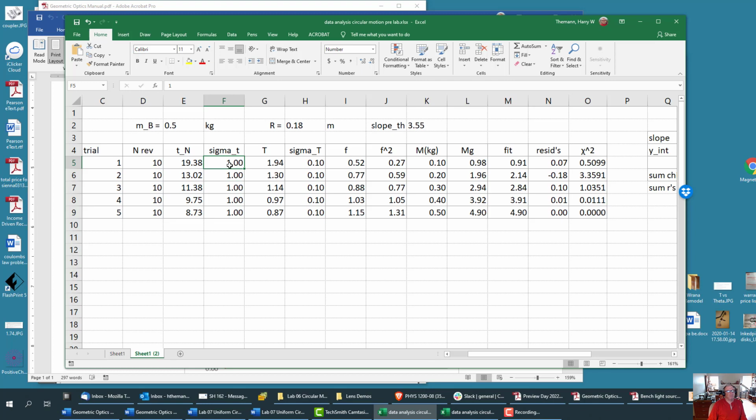Although we've been using 0.75, I think in the past, or 0.5, so it's not that far off. And then we get the period is the amount of time for whatever number of revolutions, divided by that number. In this case, it's 10 every time. And then the error, plus minus, is simply dividing by 10.